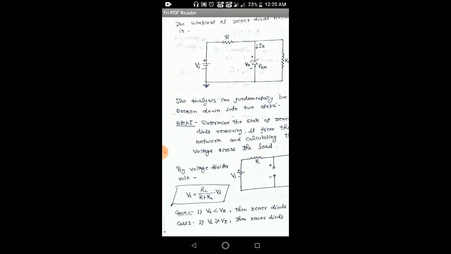And if VL is greater than or equal to VZ, then the Zener diode is on. If we take the second case, then we apply the second step: when the Zener diode is on, we take VL equal to VZ.